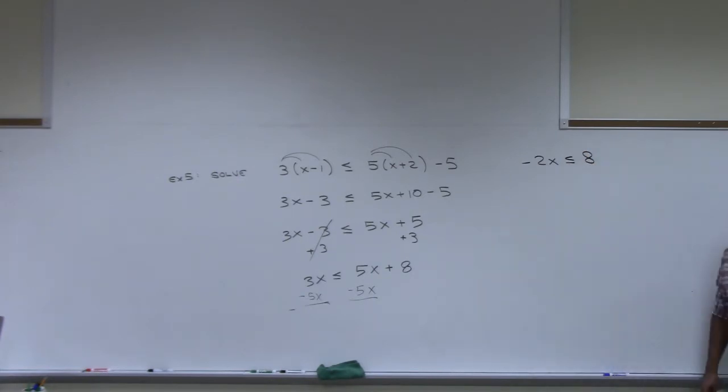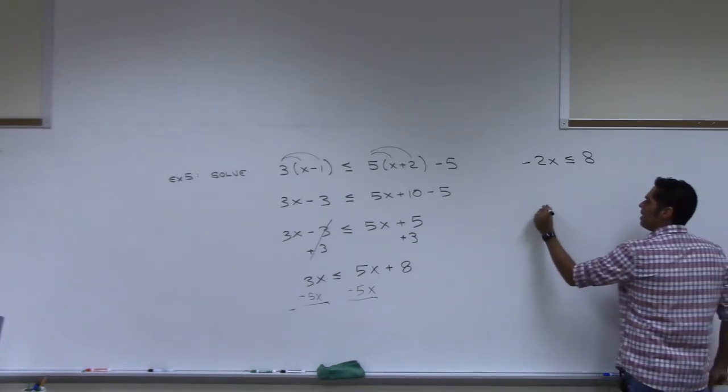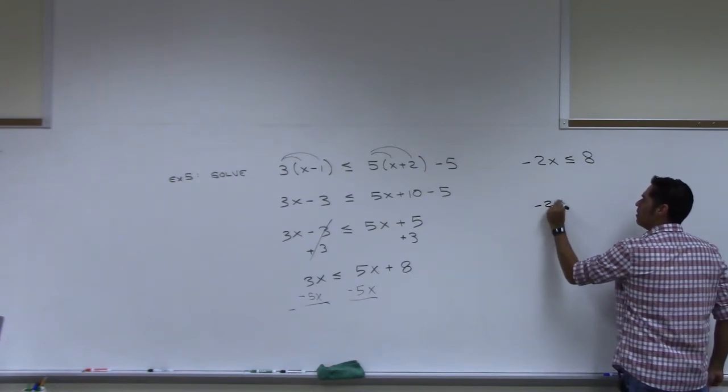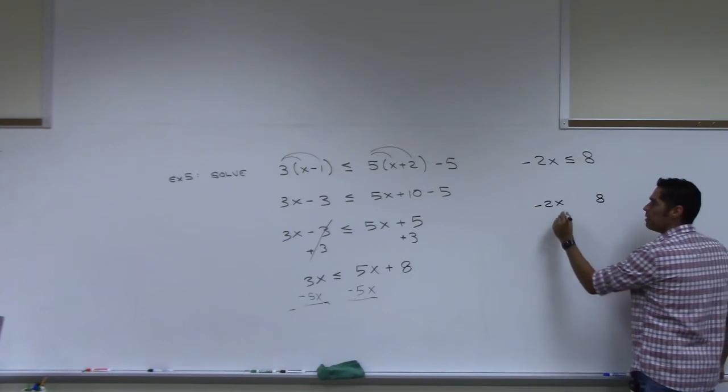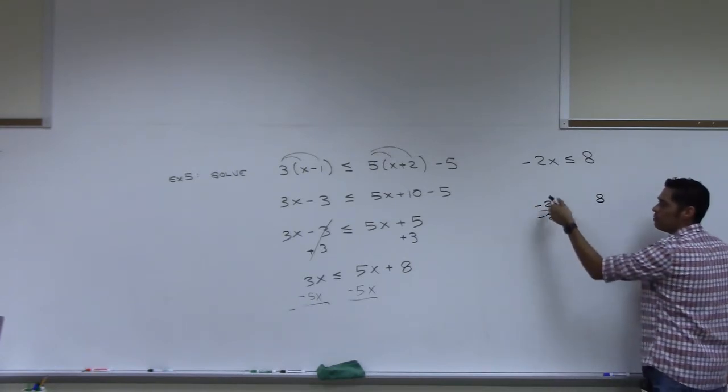Yes. Okay, I'm going to take a volunteer for the next step, because the next step is tricky. What do you got? So you're going to divide out the negative 2 to both sides. Then you're going to switch the less than to the other side. Hold on, let's do it. We're going to take negative 2x, and divide it by negative 2, because that's what you need to do in order to get rid of the negative.